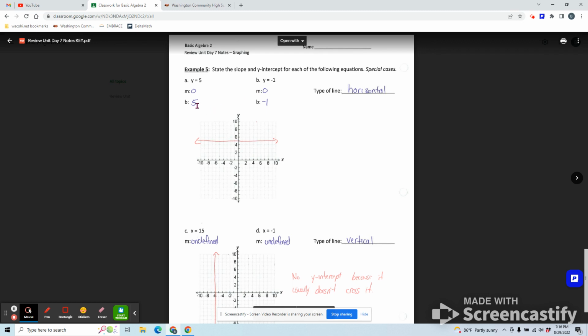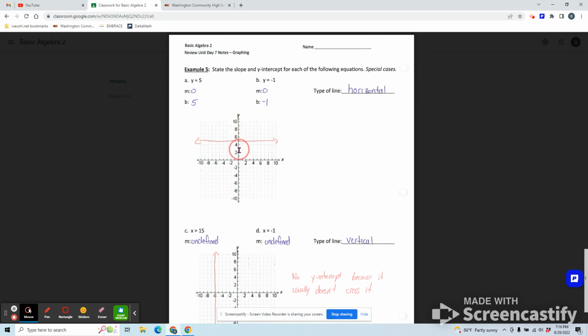Your y-intercept is whatever the y value is. So here I graphed so you can visually see y equals 5. I went up 5 on the y-axis, put a point, and then I went left to right. It crosses the y-axis at 5. That's my y-intercept.